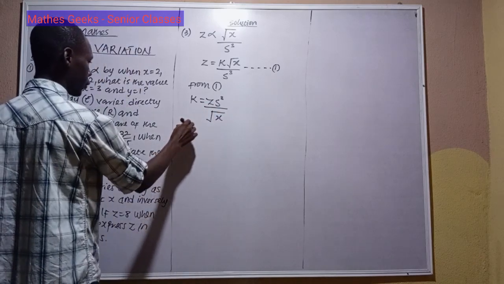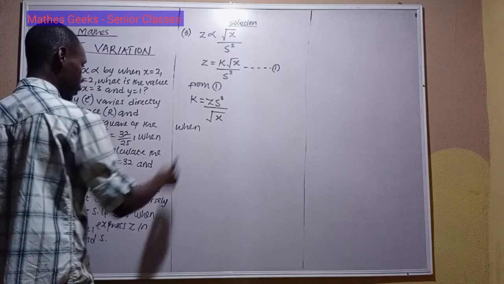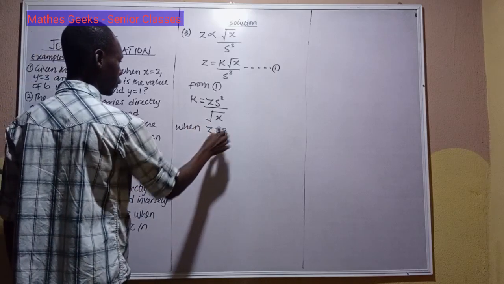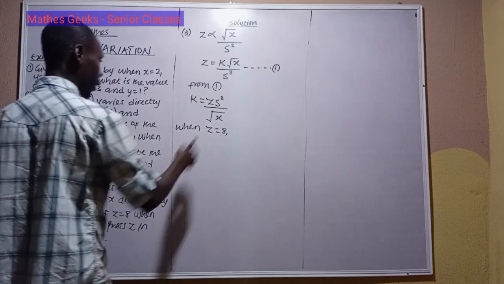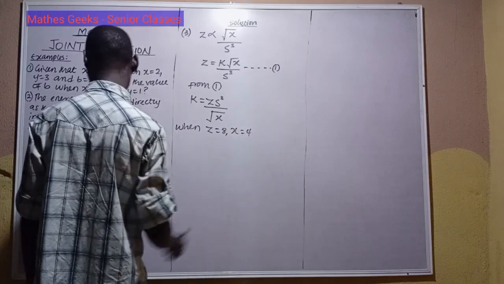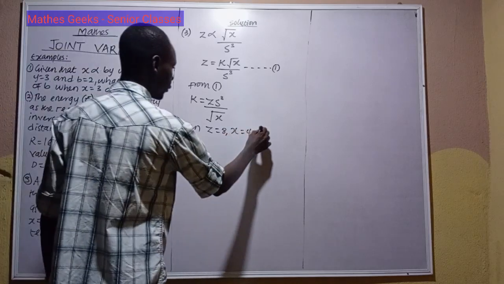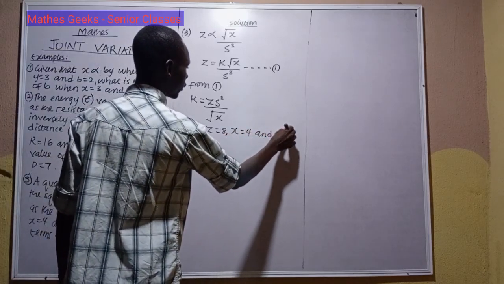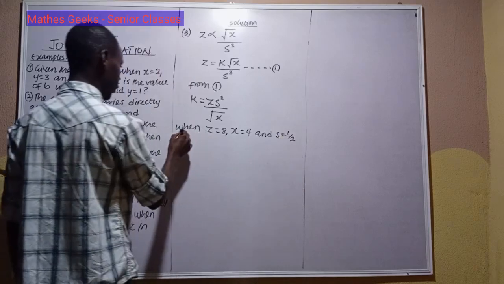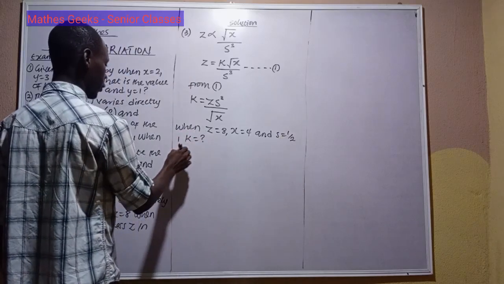So when z is 8, x is 4, and s is 1 over 2, Q is unknown.